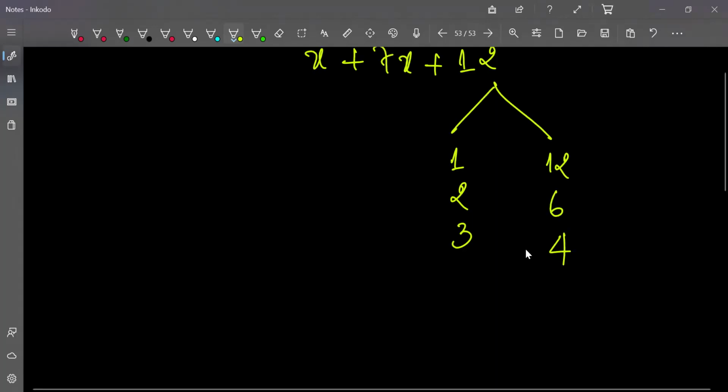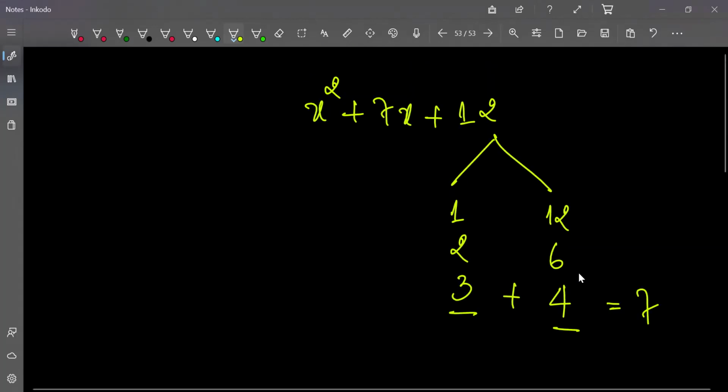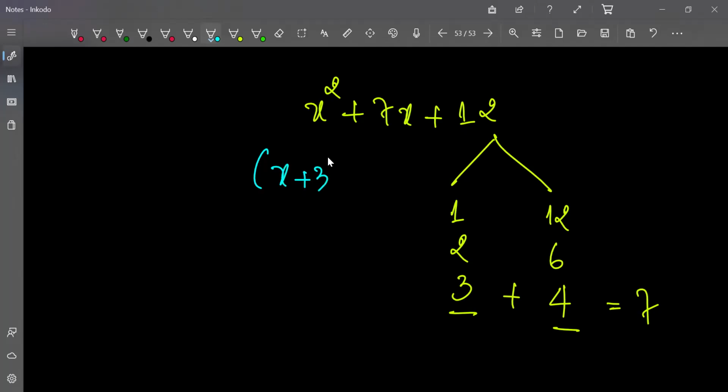And now we can find it because 3 plus 4 is equal to 7. So 3 and 4, this is the two numbers that we are looking for. So now this expression becomes (x plus 3)(x plus 4).